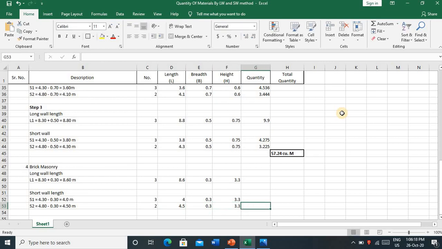Okay, so the total calculated quantity is 25.542, 11.88 and 8.91.